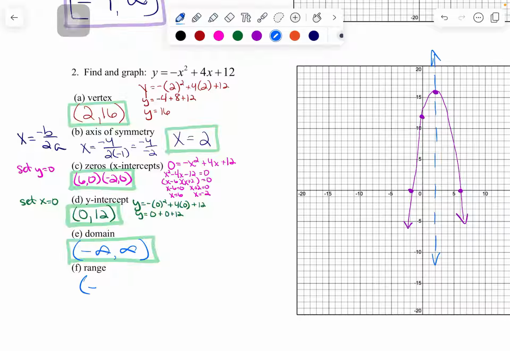So that would be negative infinity. And then how high does your graph go? Well, there is an upper bound. There is a ceiling here where your vertex is that your graph does not go any higher than that. And so that y value from your vertex is 16. And so there is your range. And there's all the bits, parts, and pieces.